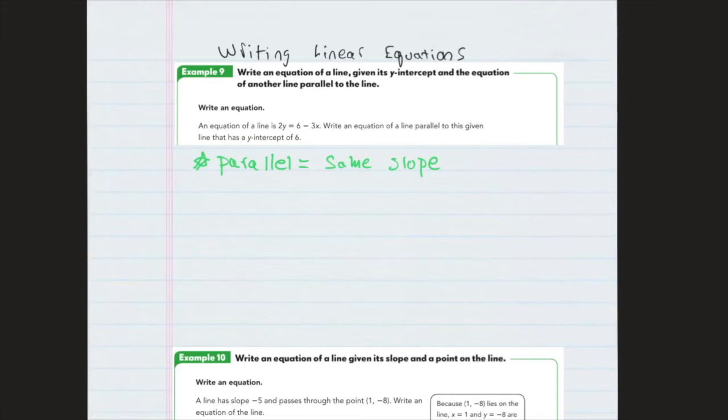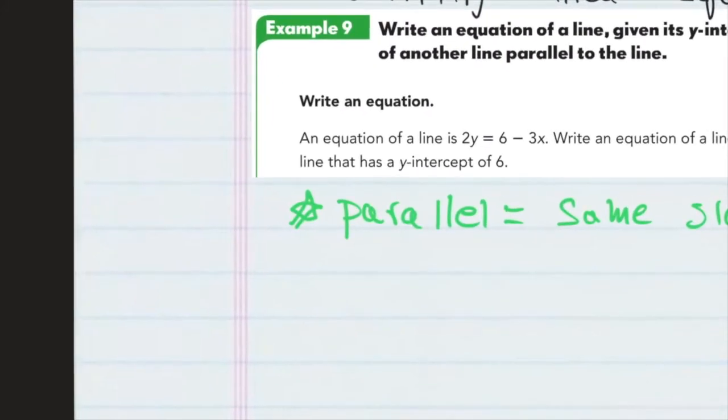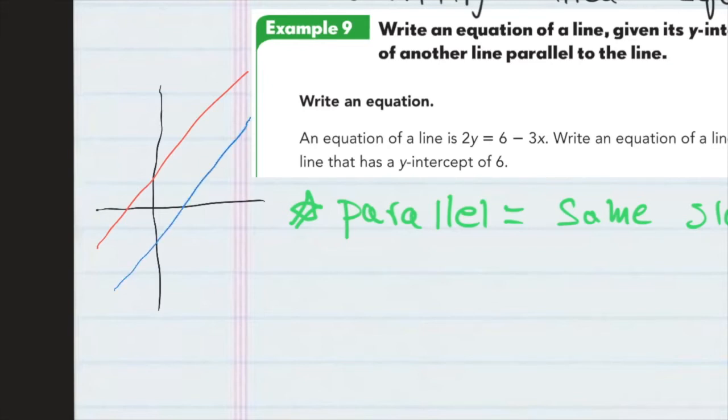And if you think about this, and again, you don't have to write this down, but let's think of a little graph here. I'm just going to zoom in and make a little graph. So you have line red, and then I have line blue. And they're relatively parallel. Let's pretend they're parallel.